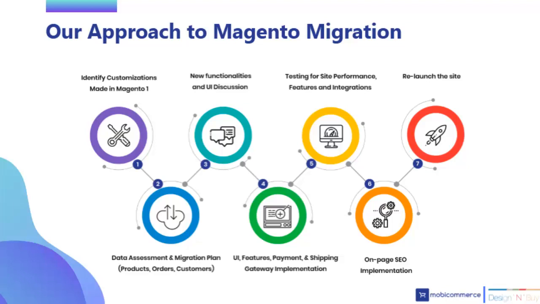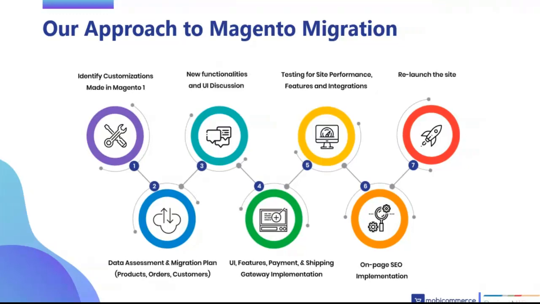We will discuss that customization and new functionality in more detail with you. After we finalize the scope of work, in terms of what data has to be migrated, what new functionality has to be implemented, and what existing customizations from Magento 1 have to be rebuilt or configured again in Magento 2, we finalize that.